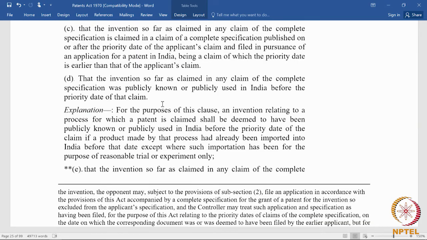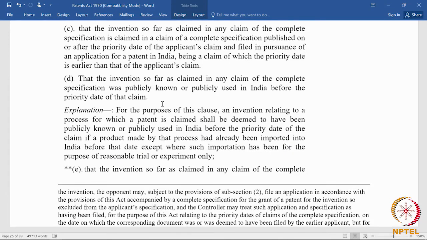Now, you will remember that when we were discussing section 13(1)(b), we had seen a situation where a claim in any claim of a complete specification published on or after the date of filing, but having an earlier priority, claiming a priority earlier than that date.